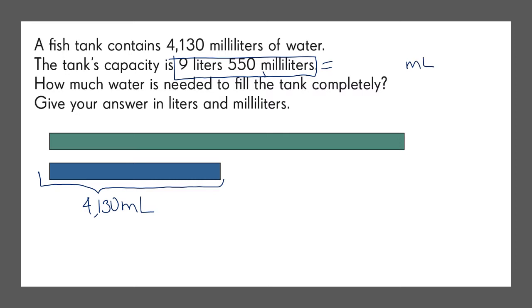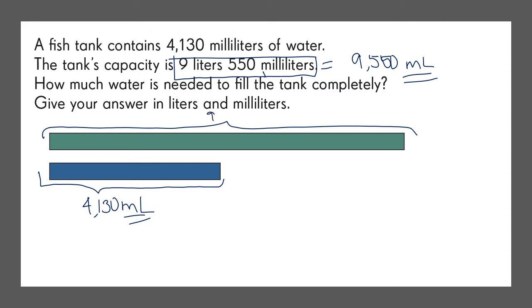So, I don't know if I said that correctly, 9 liters, 550 milliliters. So that would be 9,550 milliliters. And that's how much the whole tank can hold. Now I'm working in the same unit. Both are milliliters. So this is 9,550 milliliters.